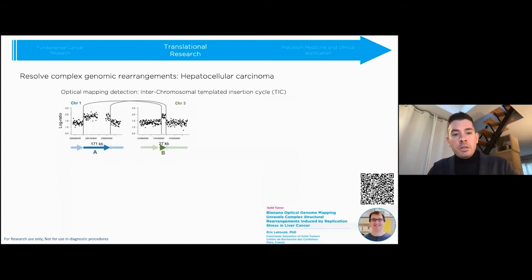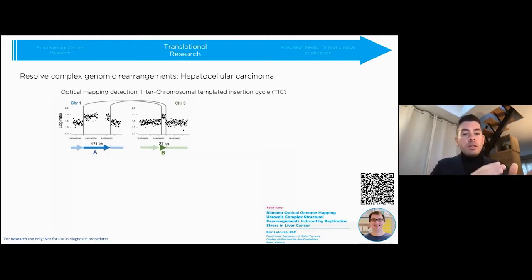I just mentioned TIC, so templated insertion chains. It is a complex SV class that happens to be associated with a specific signature in hepatocellular carcinoma. You can trace back this signature to patients that develop this liver cancer due to an infection by hepatitis B virus that integrates near a cyclin gene.